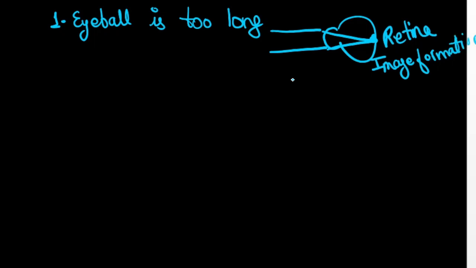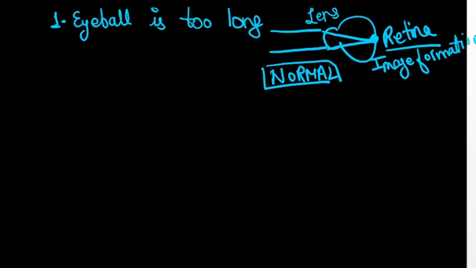This is a normal case where light rays will come, it will be refracted by your eye lens, and image will be formed on retina. ये तो normal case हो गया. But when eyeball is too long, तब क्या होगा? So let's say this is your big eyeball.